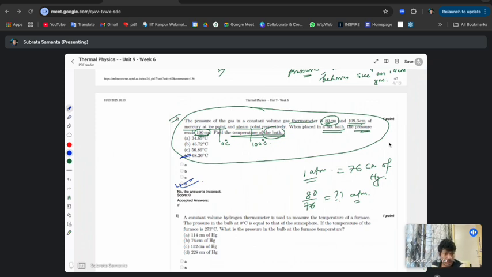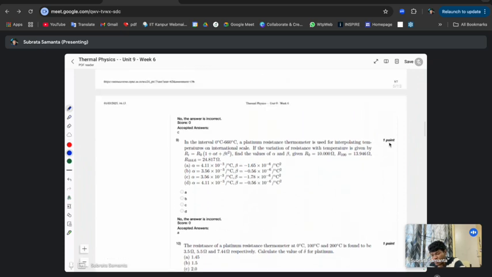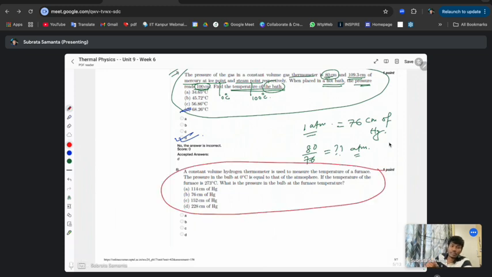Okay, so if not, then I will move to the next one. Okay, so how many questions are left? Yeah, so 3. So the problem number 8, right? Yeah, so in this problem, a constant volume hydrogen thermometer is used to measure the temperature of a furnace.